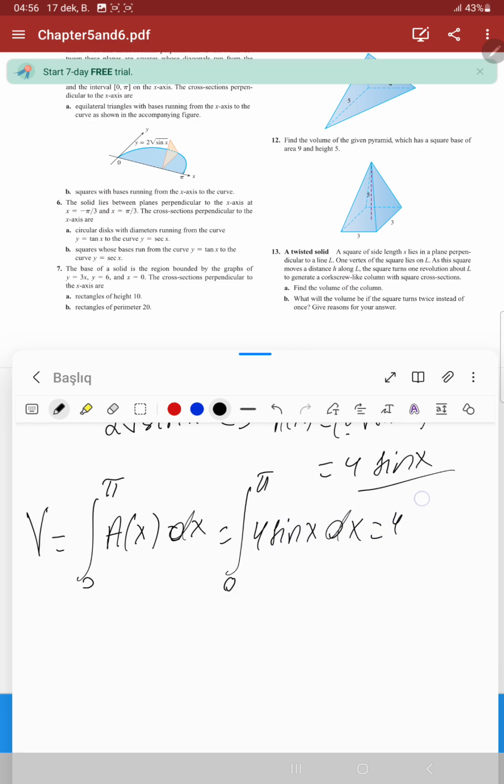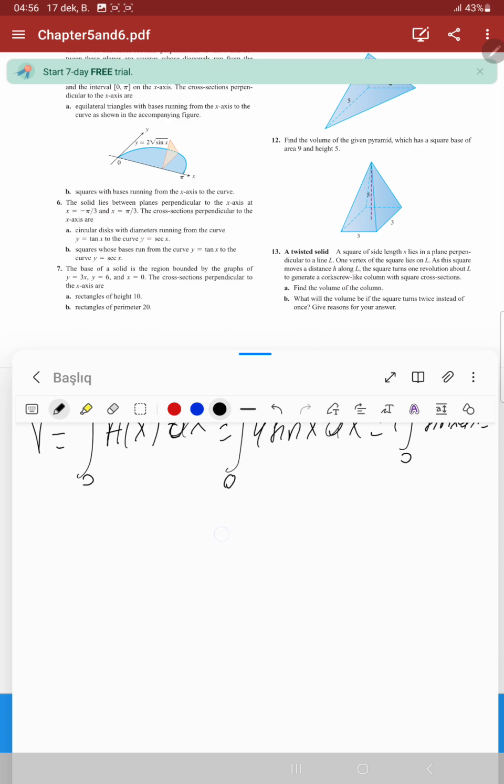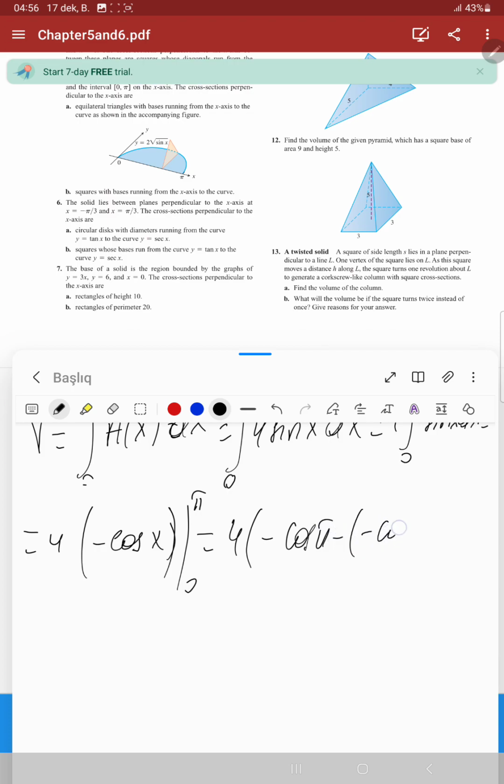So 4 times minus cosine x from 0 to pi, which is 4 times minus cosine pi minus cosine 0. Cosine pi is minus 1, so minus minus 1 minus 1, which is plus 1 plus 1, gives 8. Voila.